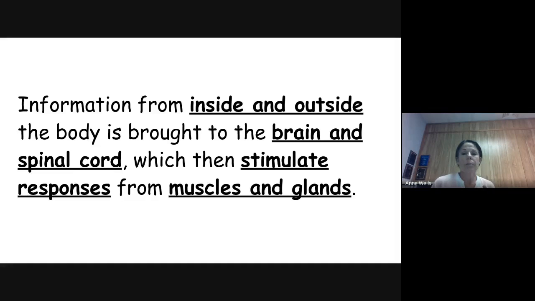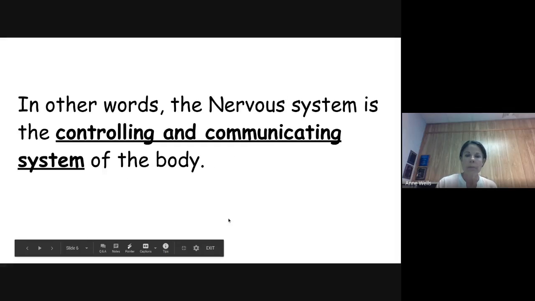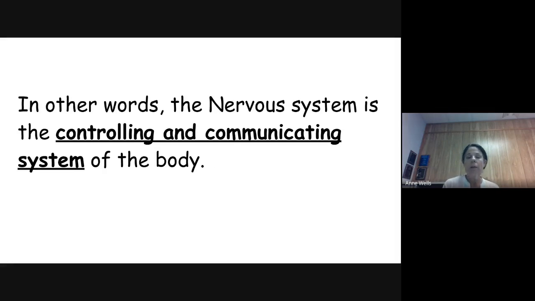So your nervous system is going to take this information that's coming in through some kind of stimuli, and it's going to help coordinate those responses with your muscles and glands. So in other words, the nervous system is the controlling and communicating system of the body.